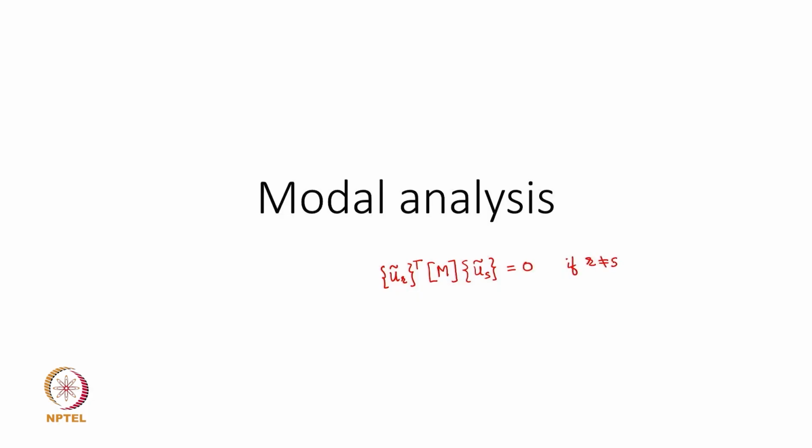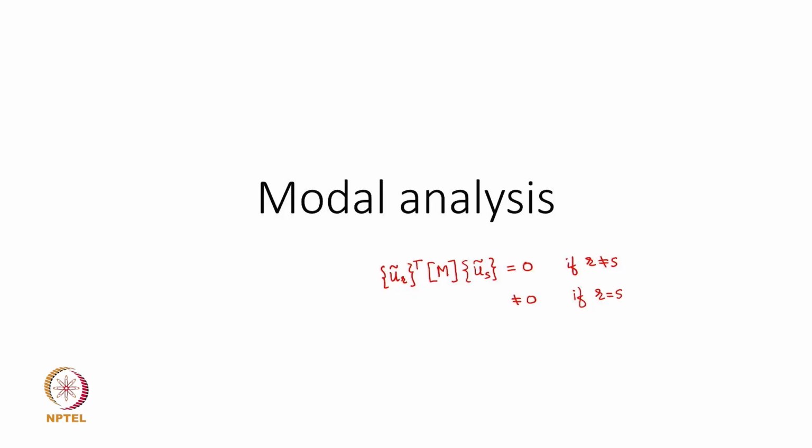That means we are talking of two different modes. And it is not equal to 0, it is a non-zero value, some number, if r is equal to s. So, this orthogonality of mode shape is mathematically very well defined, and we know that, but we have probably not discussed what it physically means.